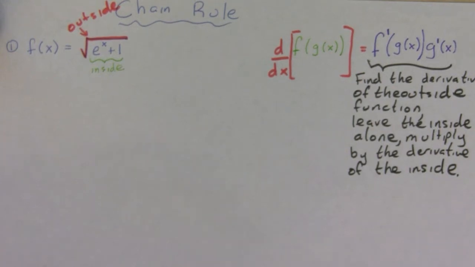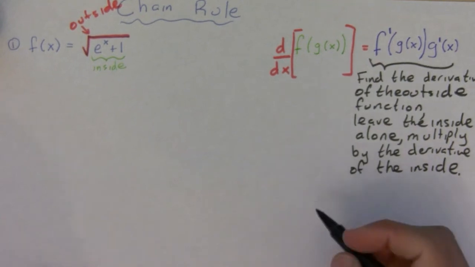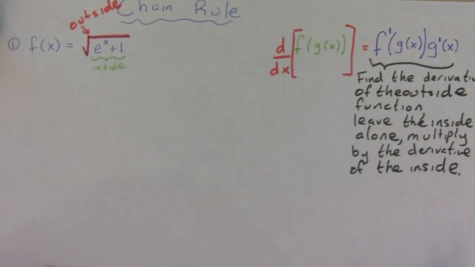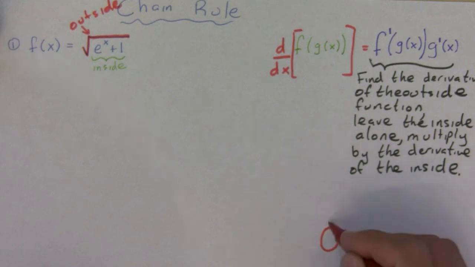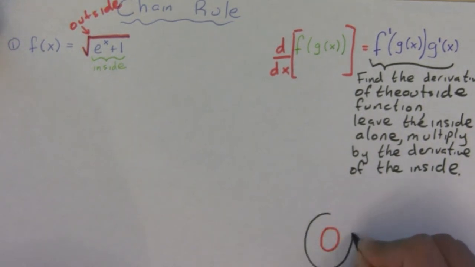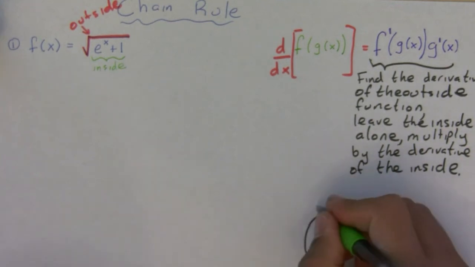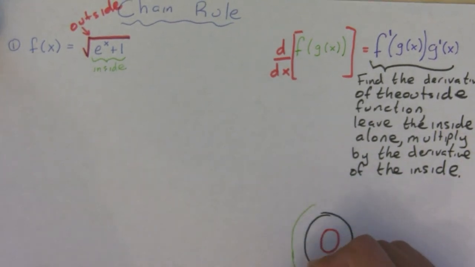Okay, and so the way it works is that it's kind of like you have a Russian doll situation where, okay, I'm not very good at drawing, but let's say you have a Russian doll made up of, maybe I'll just draw little eggs instead.